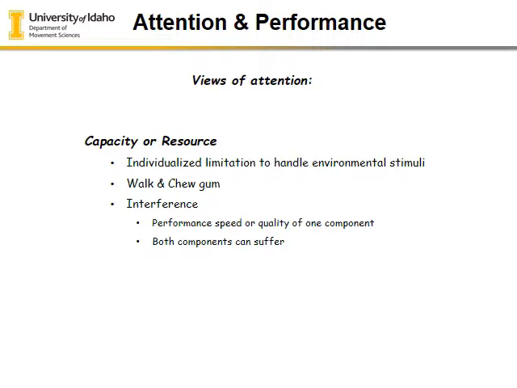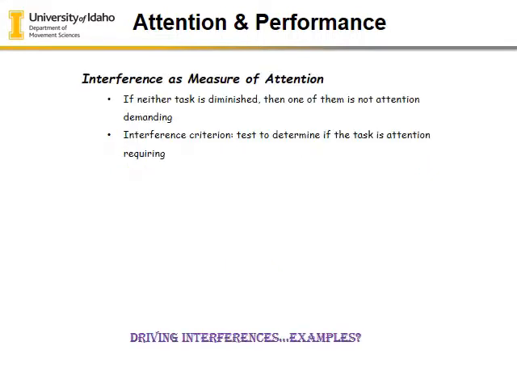So when one task interferes with another, both tasks suffer and your performance decreases. That's why we have these different rules where you can't do certain things. Now, with walking and chewing gum, chewing gum doesn't take away from the task of walking, so it's not an interfering task. You have the capacity, the resource, to walk and chew gum because they don't interfere with each other.